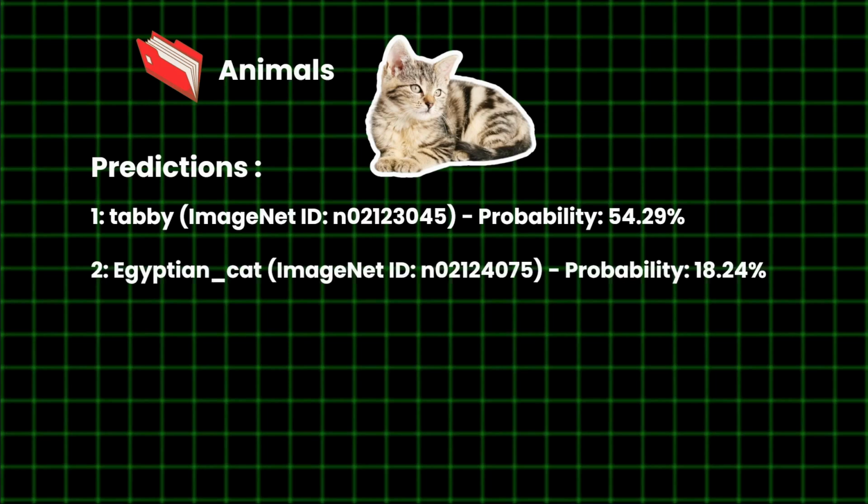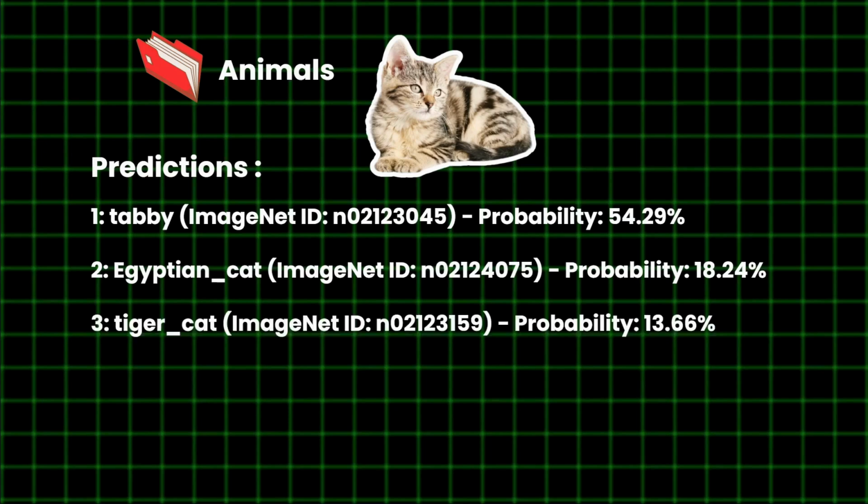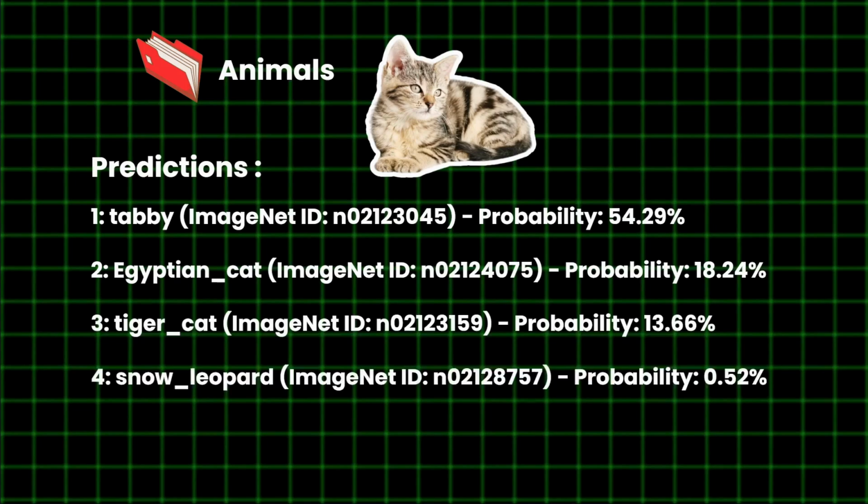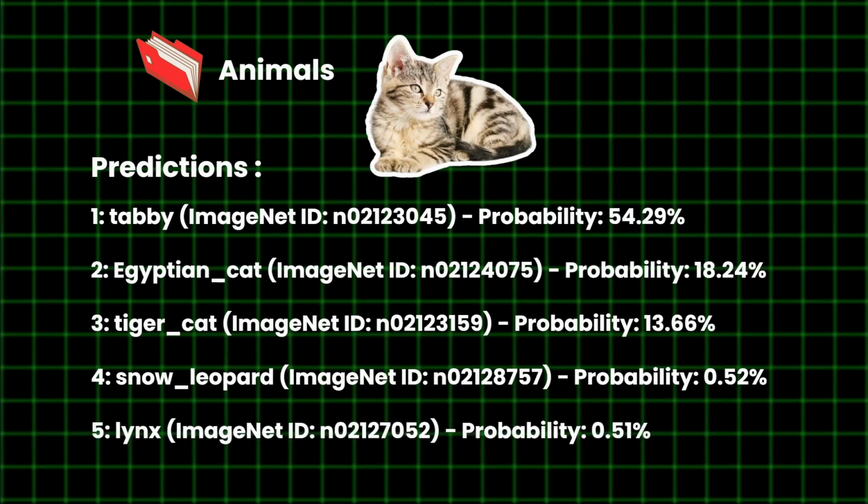Then in second position I have the Egyptian cat. It looks like a tabby, but it's not a tabby. Then after that, for 30%, tiger cat, then snow leopard. It's totally false. You can see that the probability is 0%, and lynx, same thing, 0%.